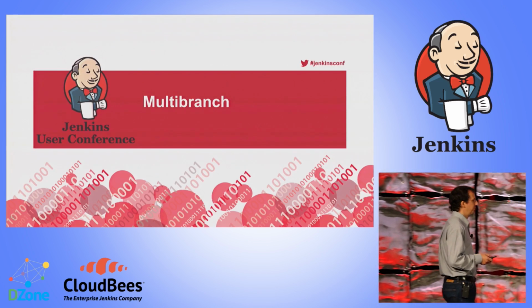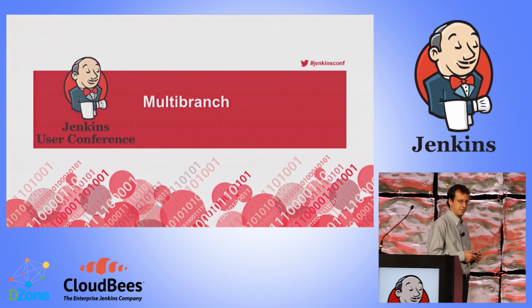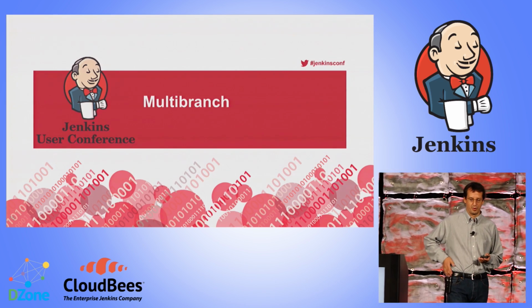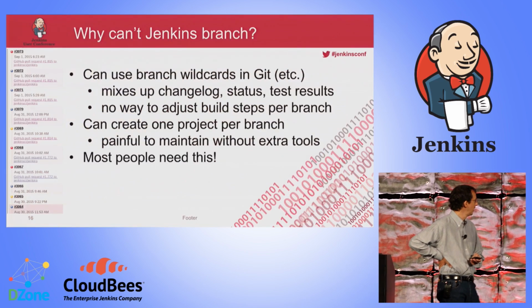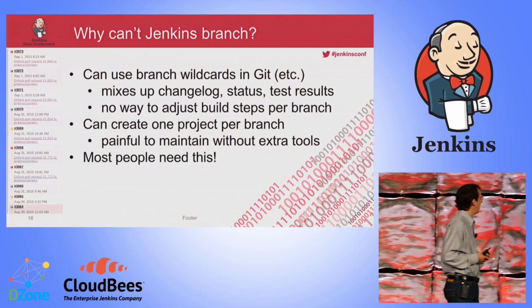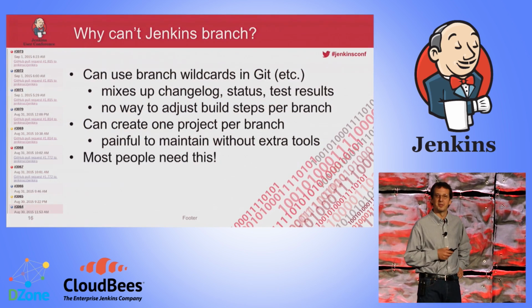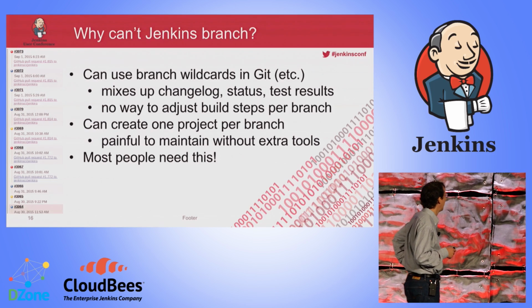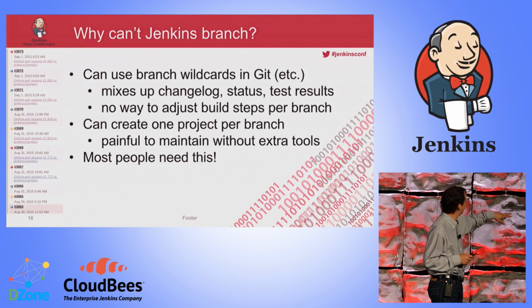Now, the other main thing that I've been spending a lot of time on is what we call support for multiple branches, multi-branch. So here is a real screenshot on the left. If you can see this, I'm sorry, if you're in the back, you probably can't. What we have here is actually a build of Jenkins core on a Jenkins server.